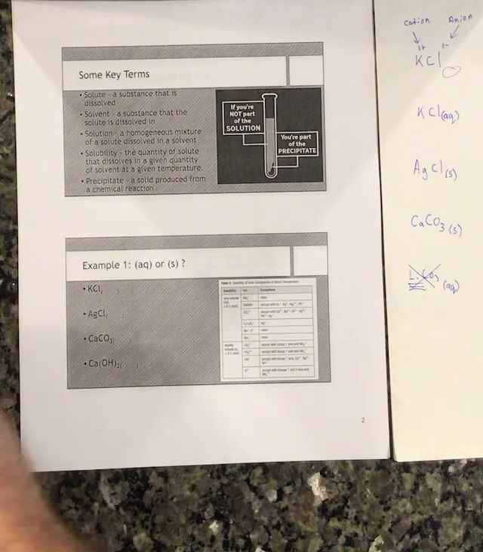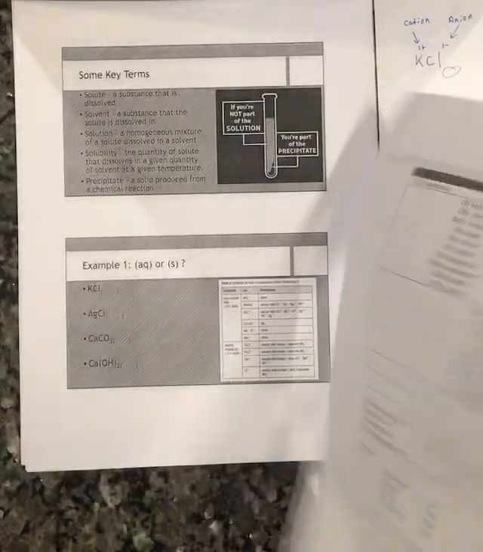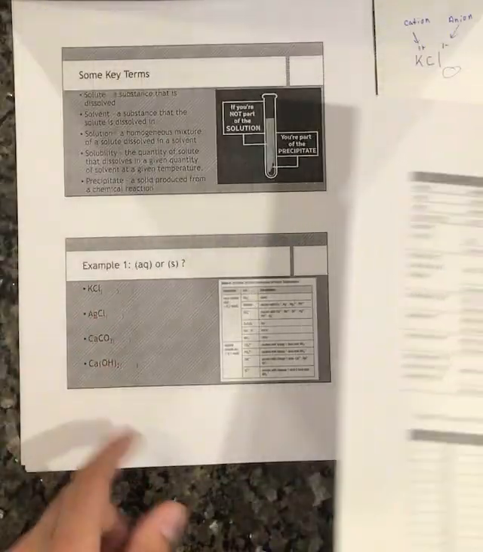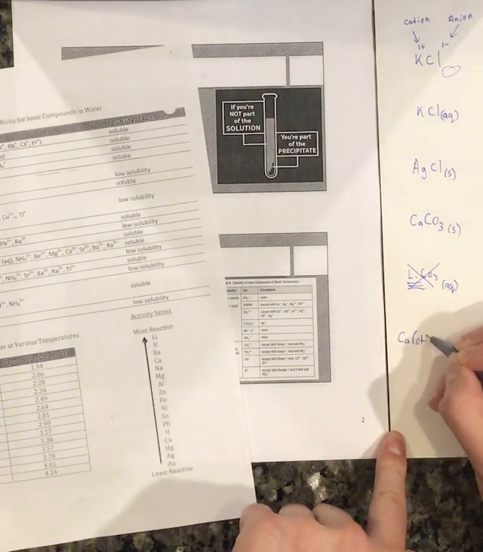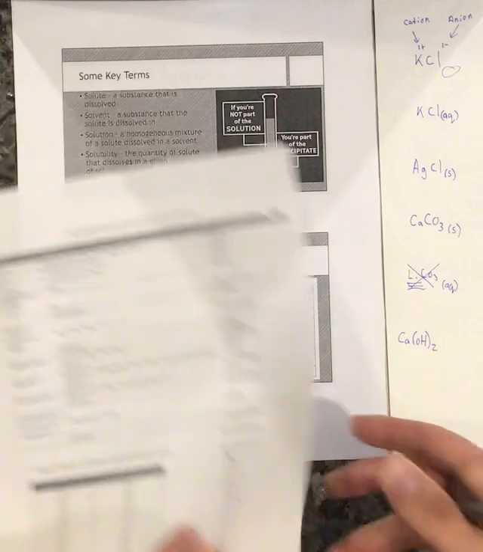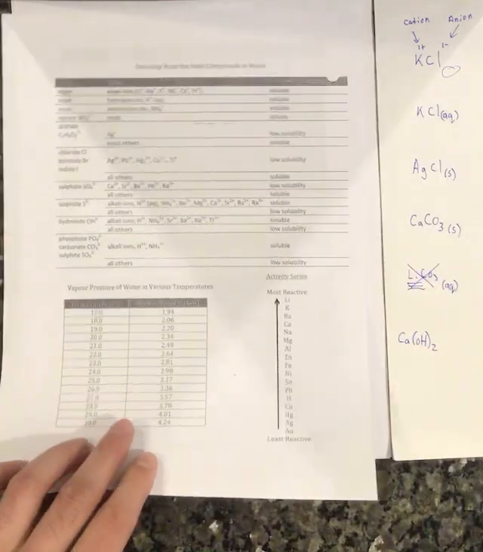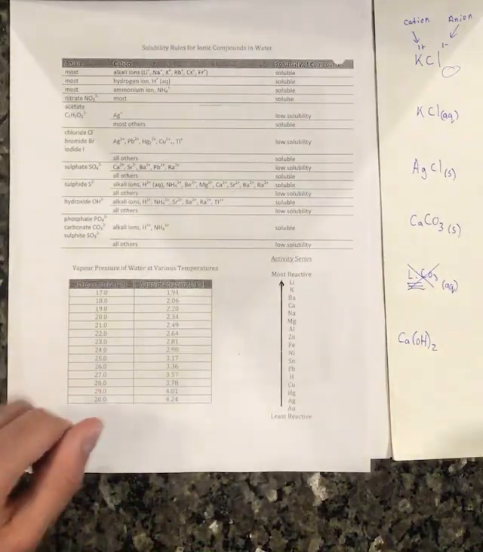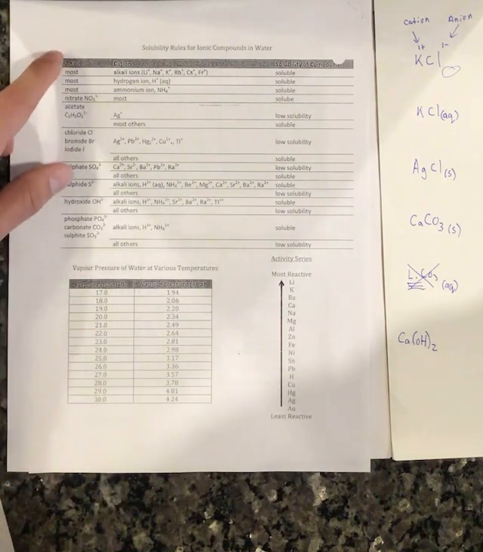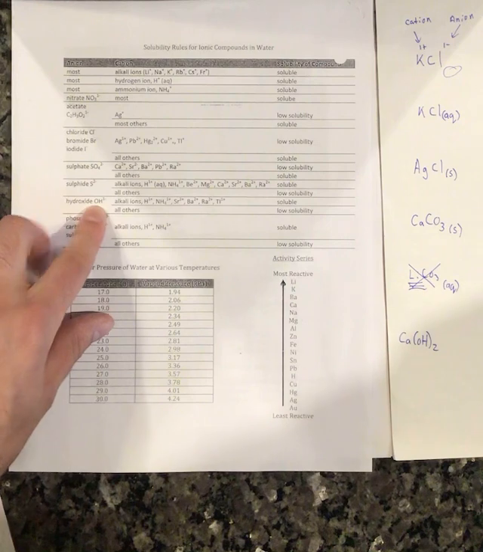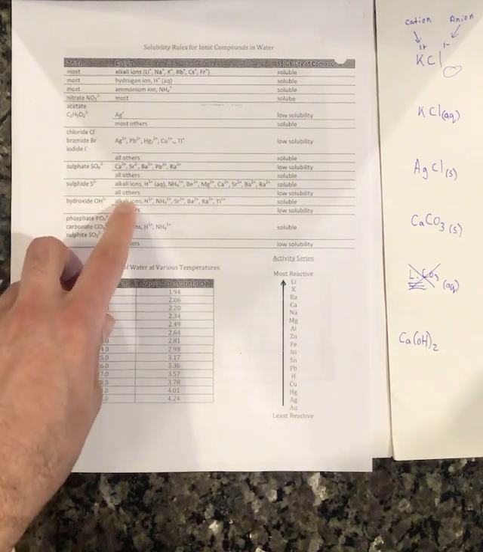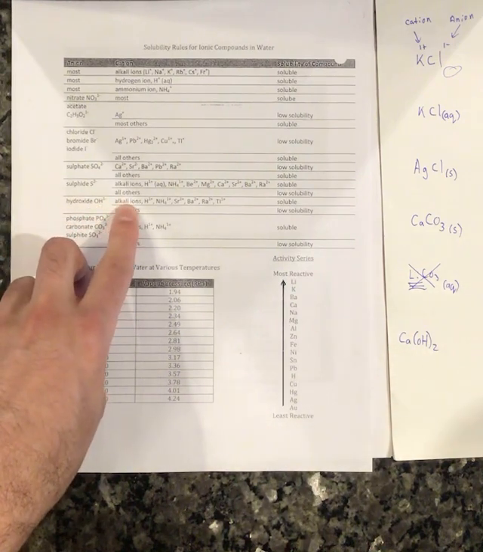Okay, so hopefully you did try this out. Sorry, I'm just trying to find my sheet here. We're looking for calcium hydroxide, which is this here. Let's take a look at what we got. The first thing I'm looking for is hydroxide, because that's my anion, and hydroxide is right there. As you'll notice, there's alkali ions.